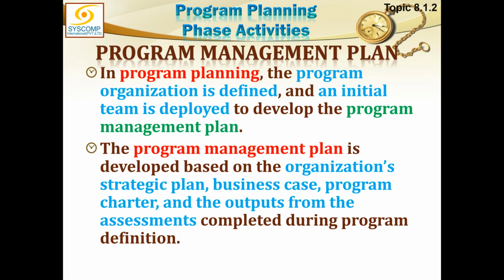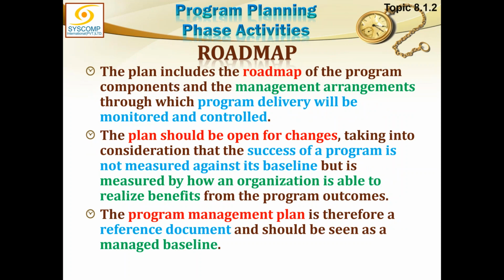This is the second sub phase, program planning. Here we are going to create the program management plan. And naturally, whatever has come from the program formulation is going to be input into the program management plan. And as I said already, this program management plan will include all the domain plans. Roadmap is one thing which is included in the program management plan.